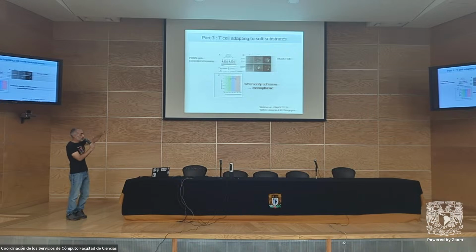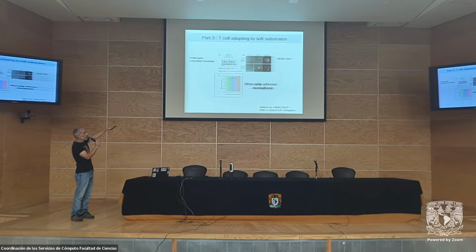Here, you have cells sitting on PDMS of different rigidities on a very large scale, from, let's say, 100 kilopascal to megapascal, roughly. The cells recognize a substrate that is both activating and adherent. You have a ligand for the integrins, and also an anti-CD3 for activation.